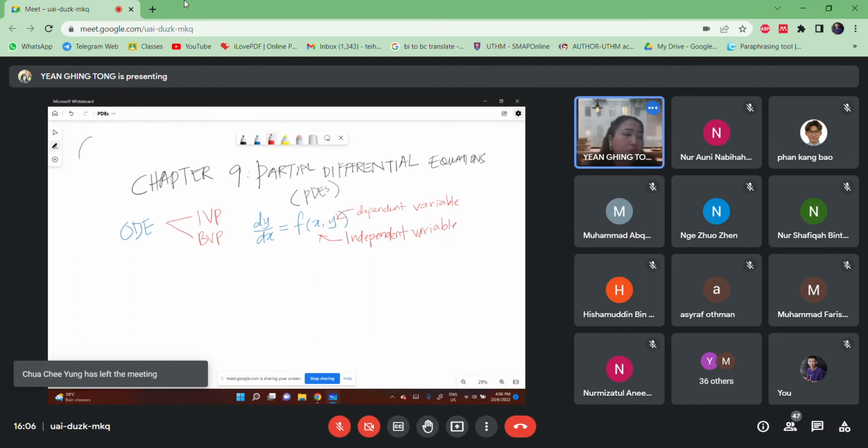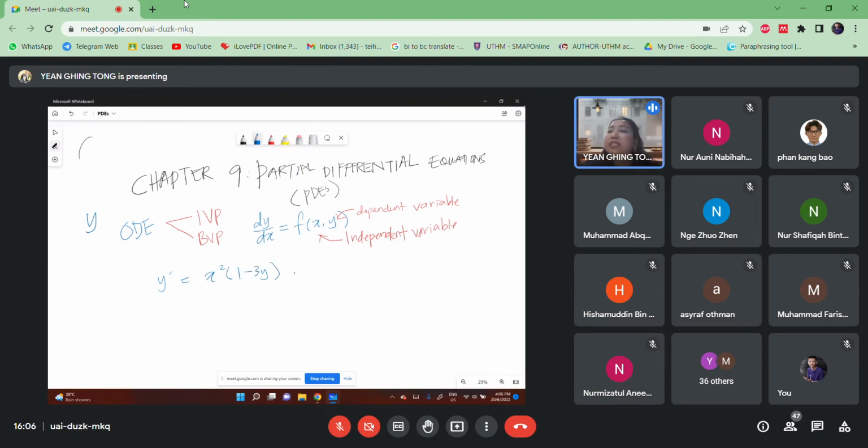Okay. And an example of the equation can be like this. For example, we have here y prime, that means dy/dx, equal to x squared minus 3y.